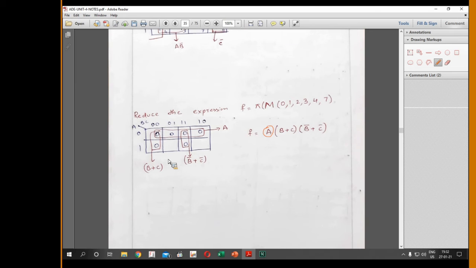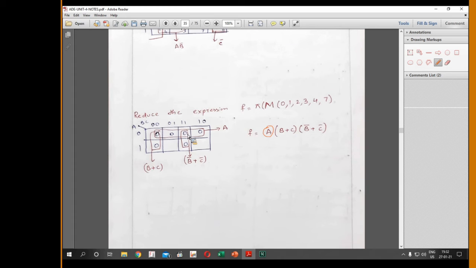If you have a possibility of uncovered maxterms or minterms, you have to use those. You have to check for their adjacency and use only the uncovered maxterm. If it is not possible to use those, then you have to use the already covered maxterms or minterms. So this is maxterm 4, after M0, M1, M2, M3.